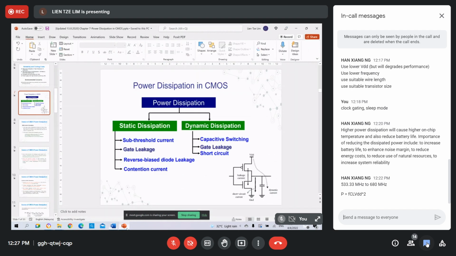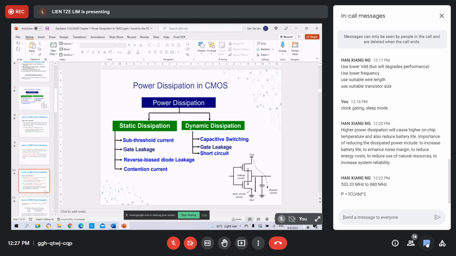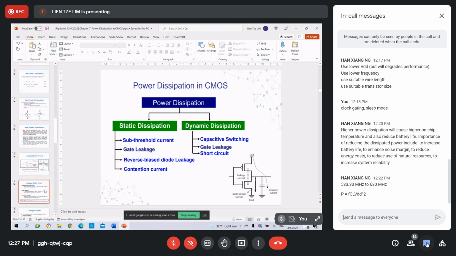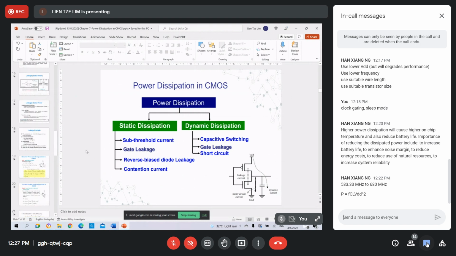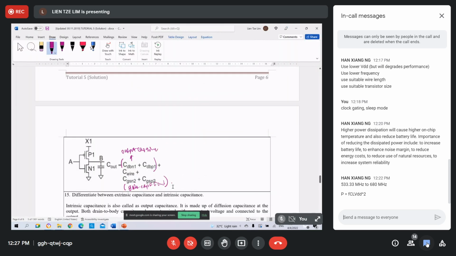If we refer back to the lecture notes, you can easily compare.